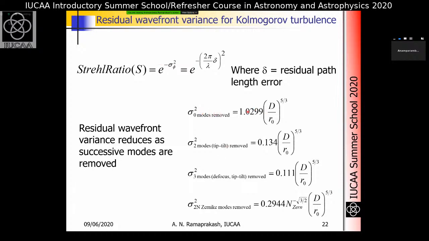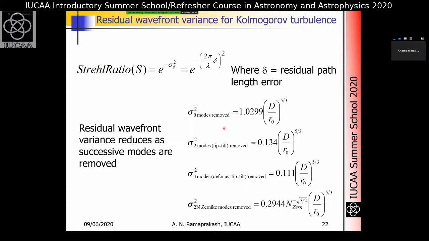the residual wavefront error is almost 1 times D by r0 raised to 5 by 3. If the two lowest modes are removed by your adaptive optics system, you will improve the sigma phi. Your residual error is smaller, and you plug that in here, you have a better Strehl ratio.